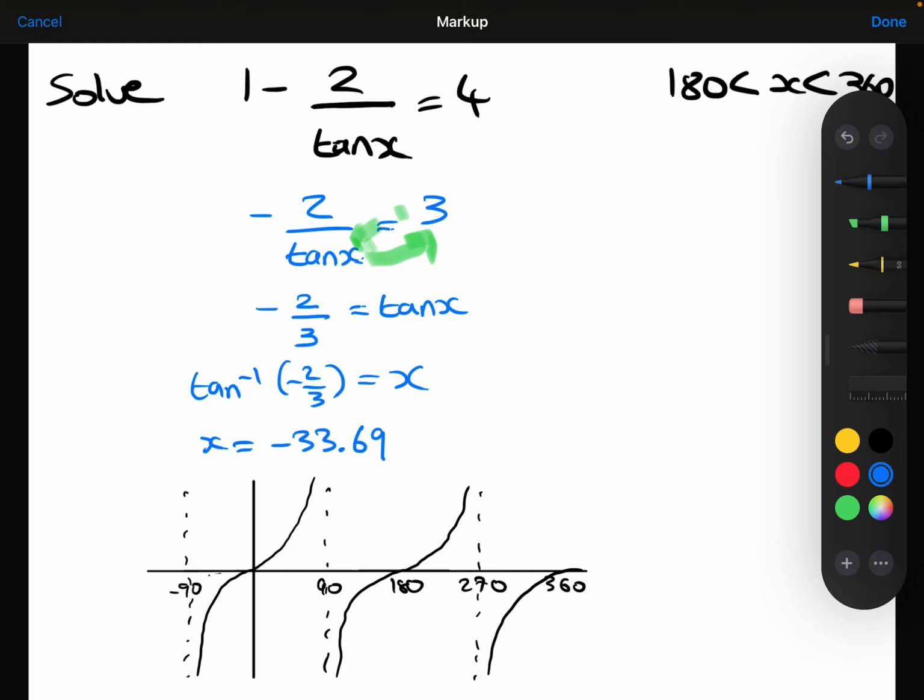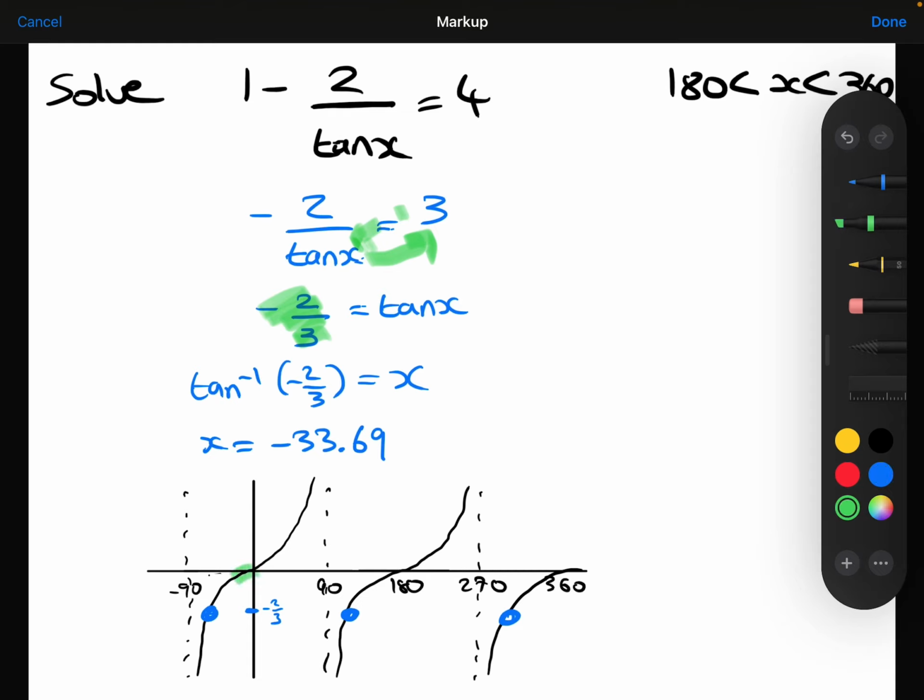Right, when is the tan graph equal to minus 2/3? So minus 2/3 is roughly down there. So I've got one solution here, another solution here, and another solution here.